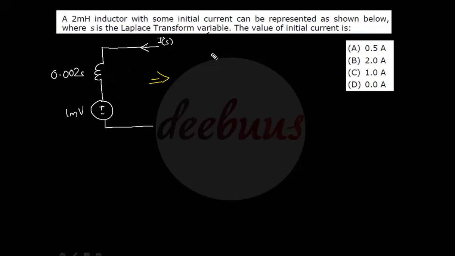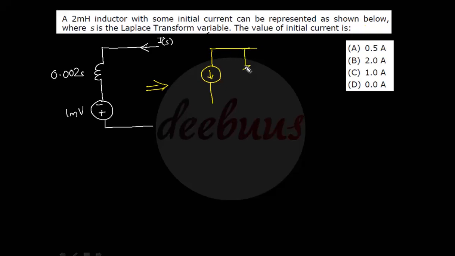So I am applying source transformation. That means I am converting the voltage source in series with an impedance to a current source in parallel with an impedance. For the conversion, the current source direction must be the same as that of the voltage source delivering the current. So it must be downward, right? As the voltage source delivers it in this direction, the current source must also deliver in this direction.